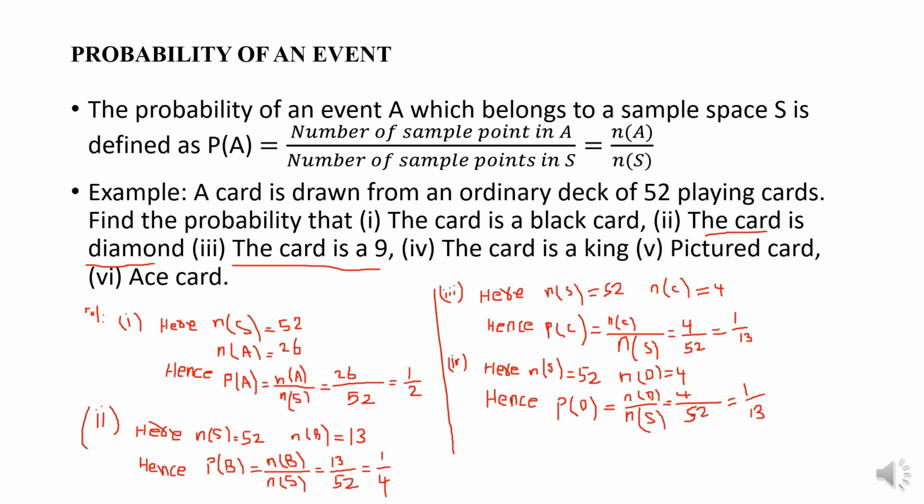Last but not least are the picture card and the ace card. For the picture card we will represent it with E. So E represents the event that the card drawn is a picture card. There are 12 picture cards. The number of outcomes favorable to event E is 12.